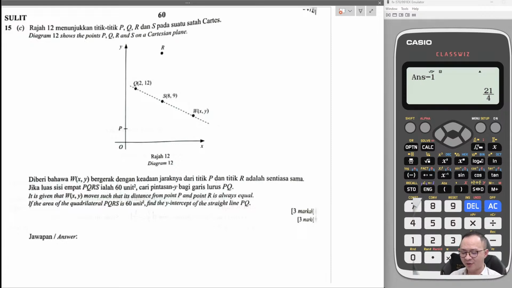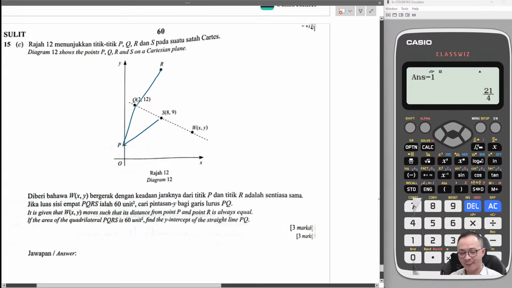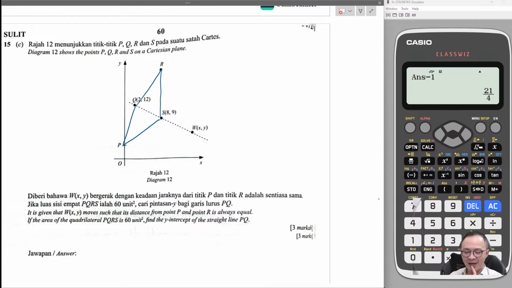If the area of the quadrilateral PQRS is 60, find the y-intercept of the straight line PQ. So basically, they want you to find the coordinate P.